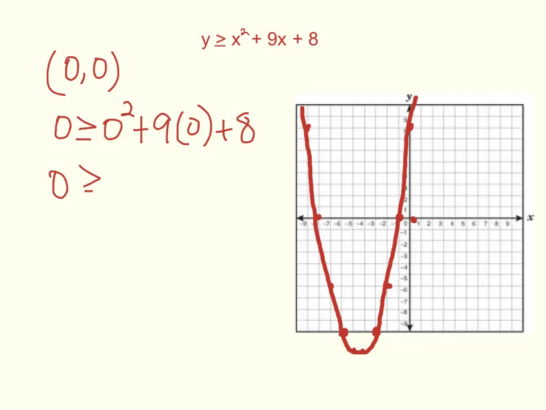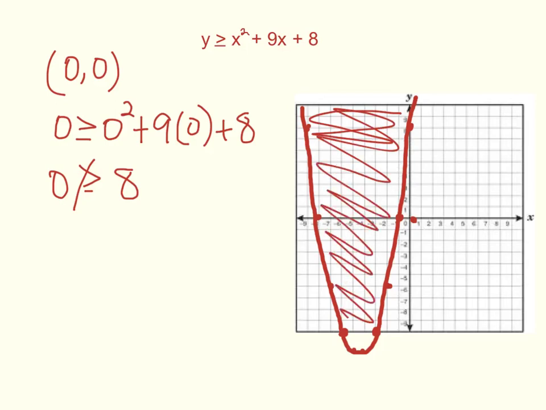So basically we're trying to say that 0 is greater than or equal to 8. Now, is that a true statement? No, it's not. So that means because it's not true, I cannot shade where you see the 0, 0, which would be all of this. I have to shade on the opposite side. So as you can see, using both methods to test, you would shade on the inside.